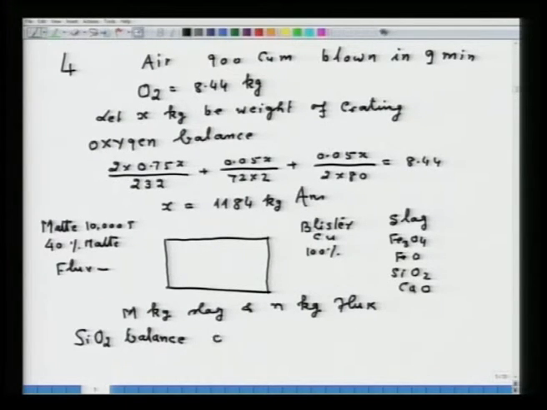If we do the SiO2 balance, it comes to 0.16 m equal to 0.52 n. Then we have to do the iron balance. Here I wrote 8.44 kg for oxygen, in fact it is 8.44 kg moles. So, now let us do the iron balance.